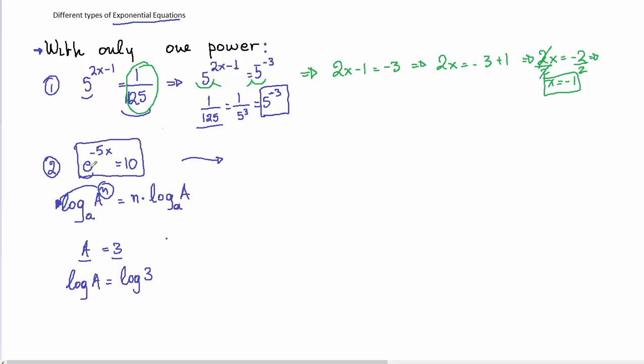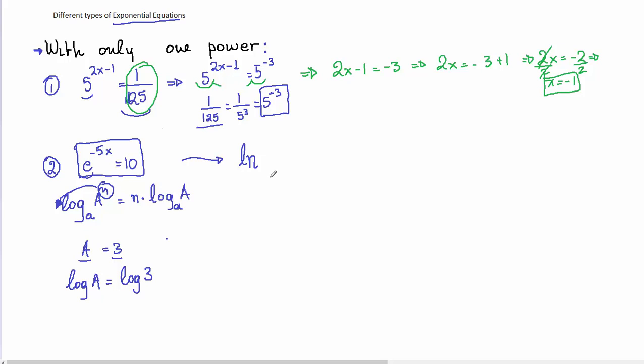So if these two numbers, e to the negative 5x and 10, are equal, then this means that their logarithms are going to be equal as well. I'm not going to take just any logarithm, but I will take the ln. Why the ln? Because I'm focusing on my base here, and the base is e.